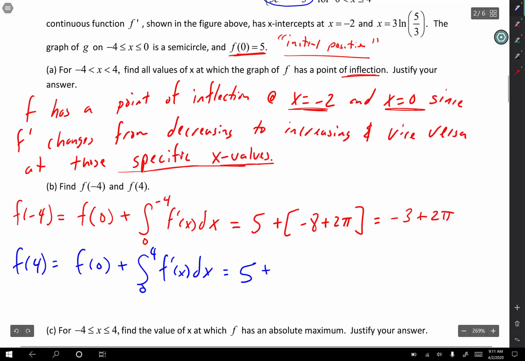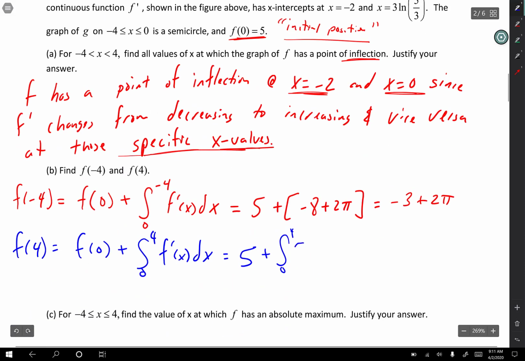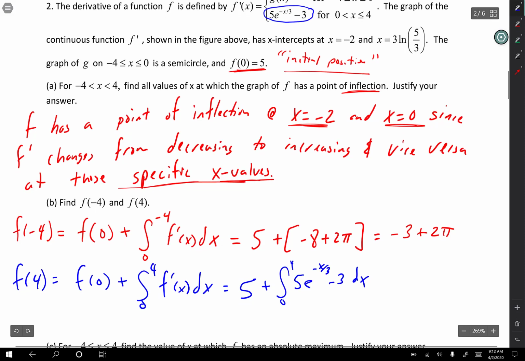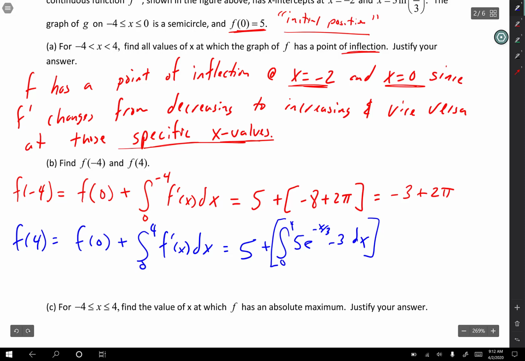5 plus the integral from 0 to 4 of 5e to the negative x over 3 minus 3 dx. Okay, I am just focusing on this part right here. So I hope that it fits. Let's see, 5. That's the 5 from the initial, plus, and I'm going to put up a bracket. So for the antiderivative, I'm going to write the e first, e to the negative x over 3.